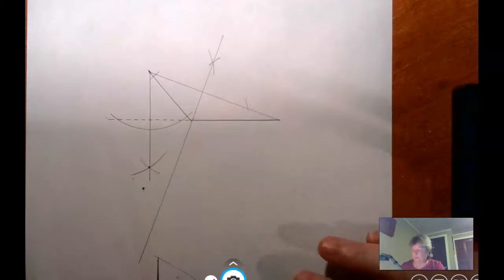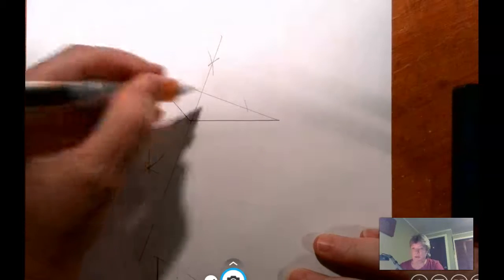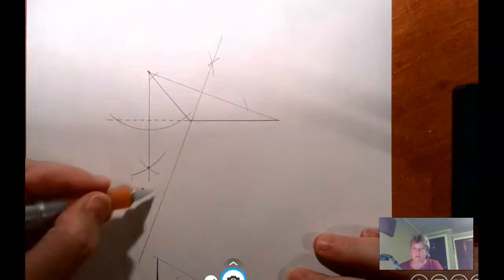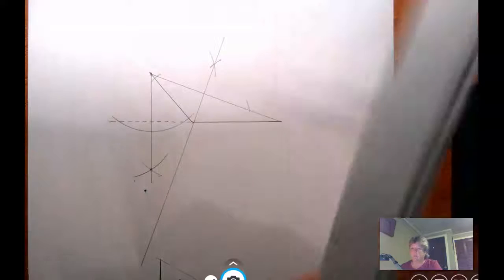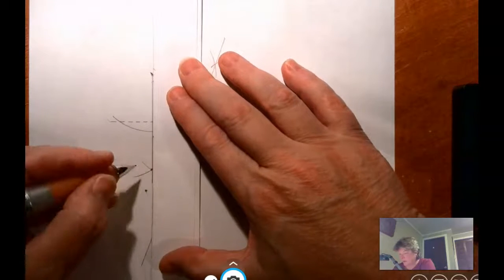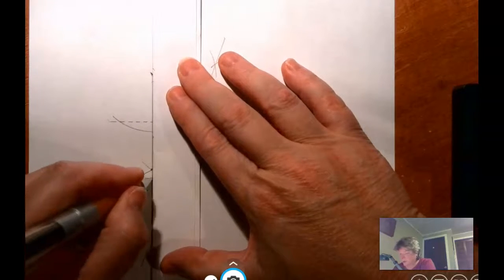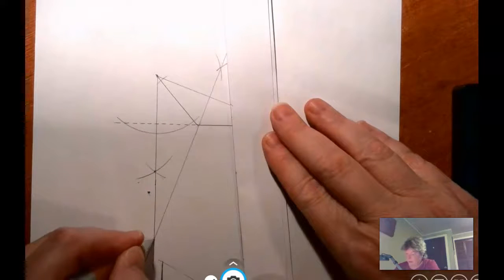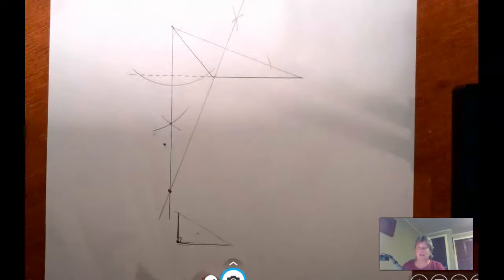All right, so here I've actually constructed two altitudes. You'll notice they didn't cross yet, which is fine. So I'm going to take the one I drew here and extend it out a little further until they do cross. What you'll notice is that the orthocenter right there is not actually inside the triangle.